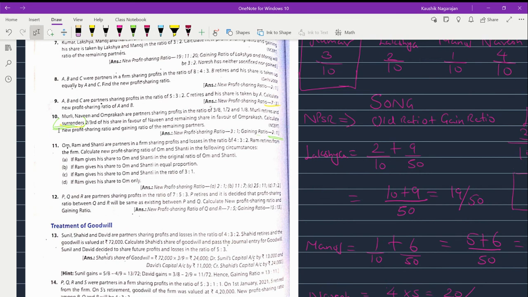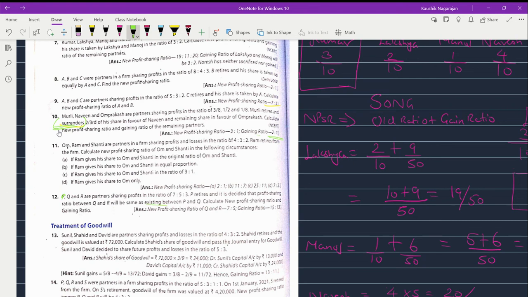P retires, and it is decided that the profit sharing ratio between the continuing partners, if P is retiring, the continuing partners will be Q and R, will be as existing between P and Q.